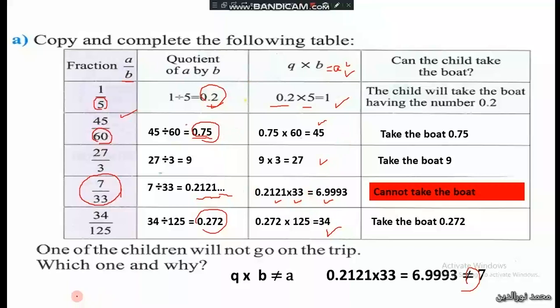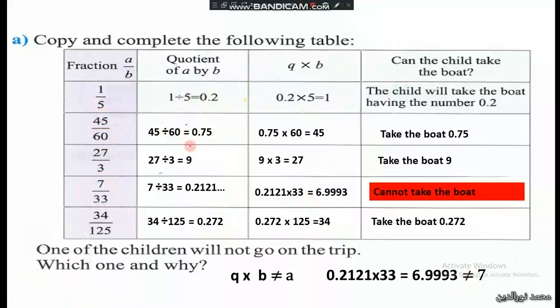So I notice in this slide that if we divide a number by another, the quotient could be an exact quotient, meaning the division terminates. This is an exact quotient, this is an exact quotient, this is not an exact quotient, and the division does not terminate. The division does not end, there are still 2 1 2 1 2 1, and then here the quotient is exact.